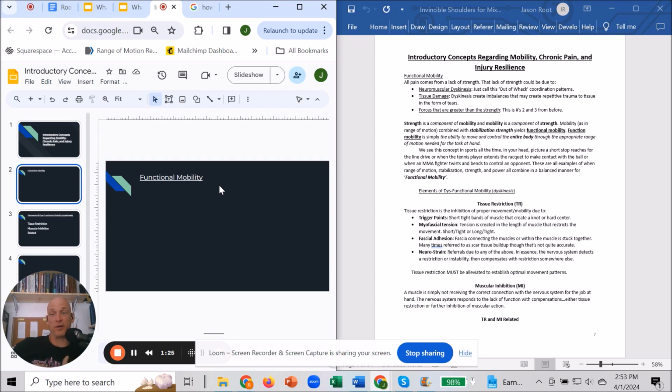If you've ever seen anybody with hypermobility, meaning hyper flexibility, they really don't have mobility because they don't have the strength to stabilize. So we can't classify mobility and flexibility as the exact same thing. So we have functional mobility, which is the ability to have the strength to move, whether under load or for the particular task at hand.